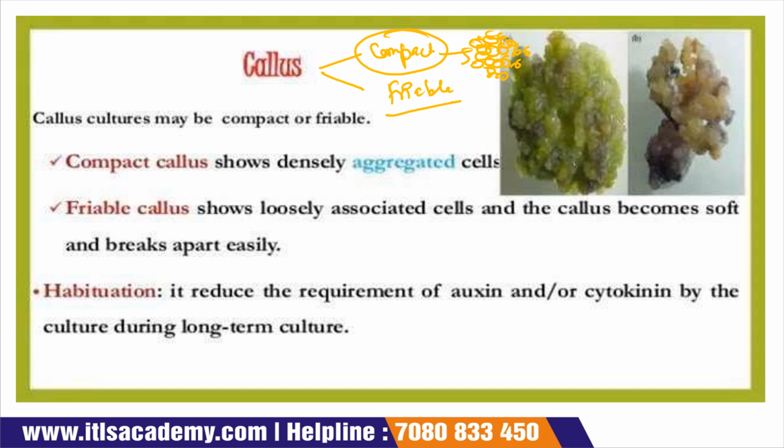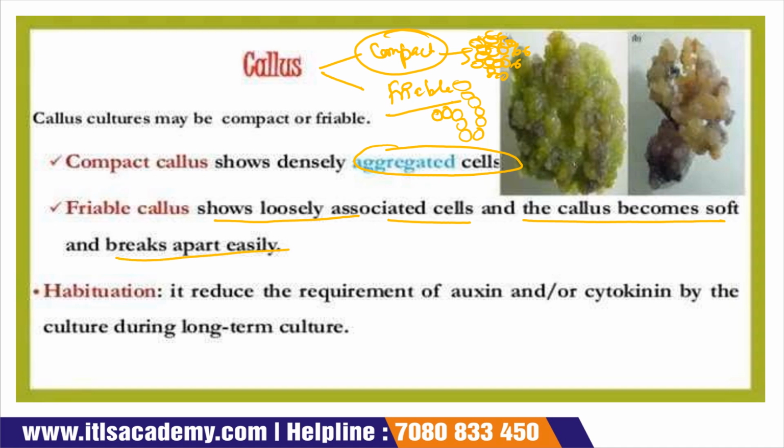Friable callus means the cells are loosely packed. As written on the slide, compact callus shows densely aggregated cells, while friable callus shows loosely associated cells, and the callus becomes soft and breaks apart easily.